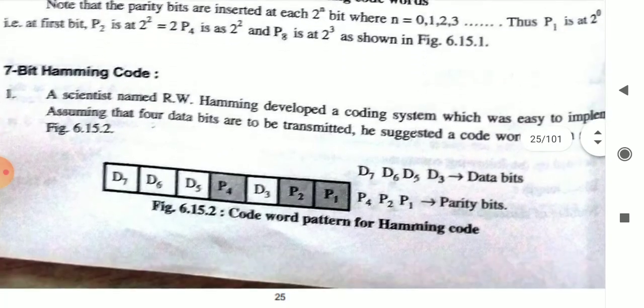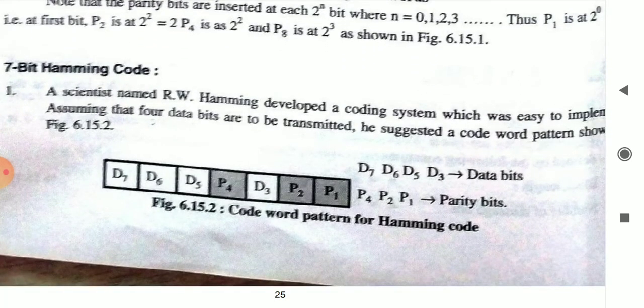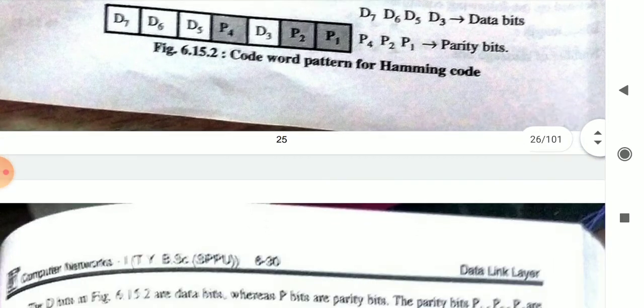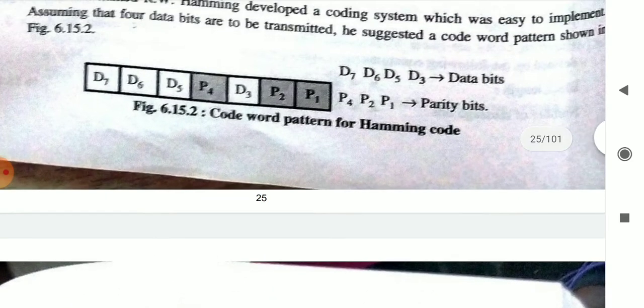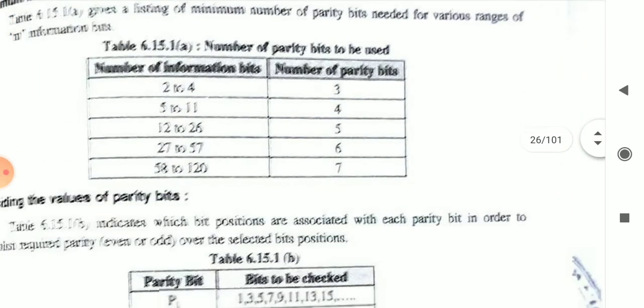See here, D7, D6, D5, D3 are the data bits, and P4, P2, P1 are the parity bits. This is the code word pattern for Hamming code, where data bits and parity bits combined together form 7 bits.